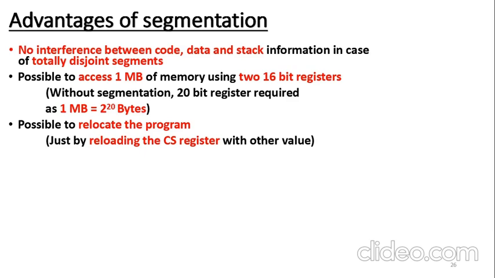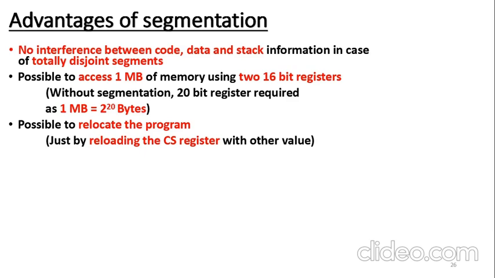Suppose my program is at a certain address and I want to move that entire program to say 50,000 hexadecimal address within that memory space. What is required here? Within this program, I have to just change the contents of CS register to 5000 hexadecimal. Once I load CS register with 5000 hexadecimal, subsequently my program will be relocated from 50,000 hexadecimal onwards.